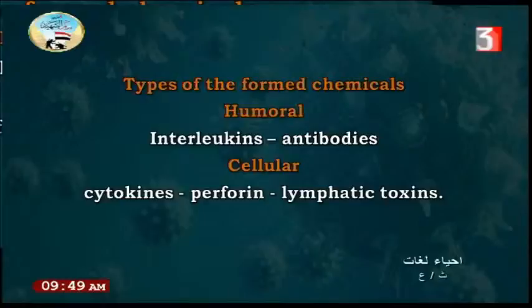The chemicals formed by humoral are interleukins and antibody. The chemicals formed by the cellular are cytokines, perforin, and lymphotoxins. These are the substances secreted from the cellular and the humoral.